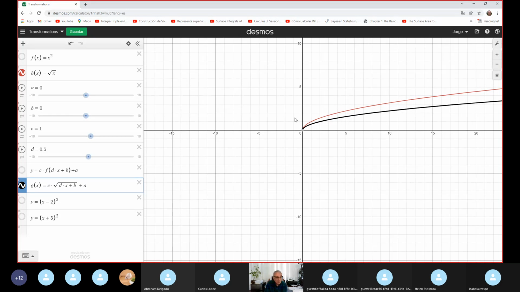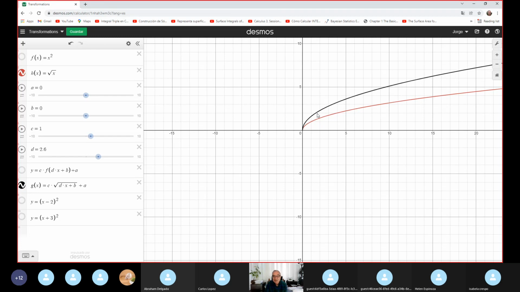Yes, stretch. And when D is greater than 1, like 2 or 3, then now the analysis is compressed. This is one point here, another point here. Horizontal, in this case, is compressed. This is relative. You need to understand the nomenclature of the definition.